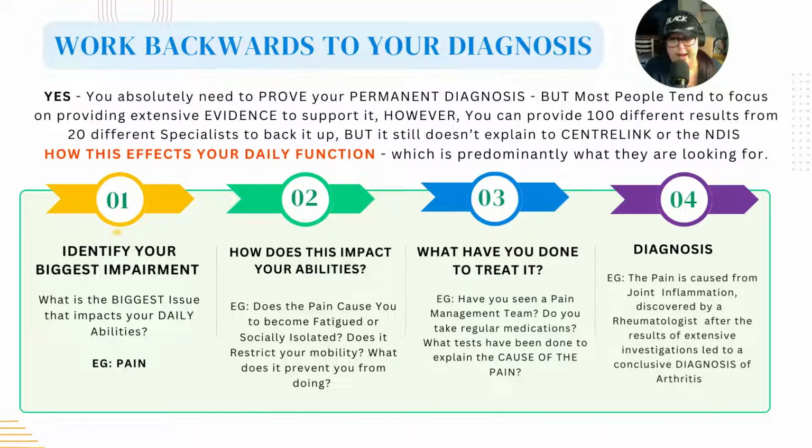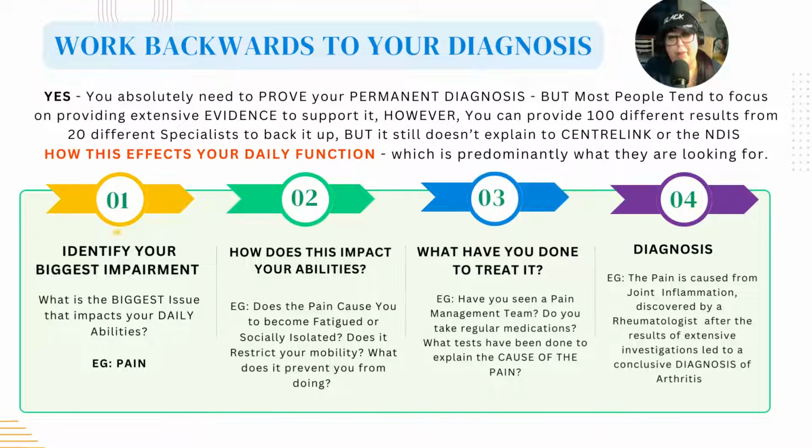Have some comprehensive documentation from a specialist that does specifically outline that you have a permanent disability that includes an impairment of some kind, that you have had it treated, that you have exhausted all treatments, that it is stabilised, and any future treatments are basically aimed at the maintenance of symptoms.